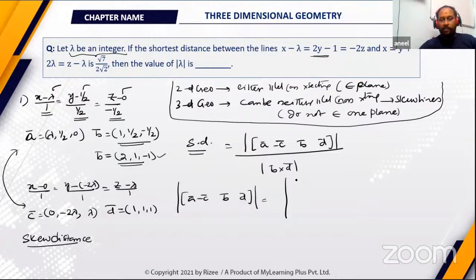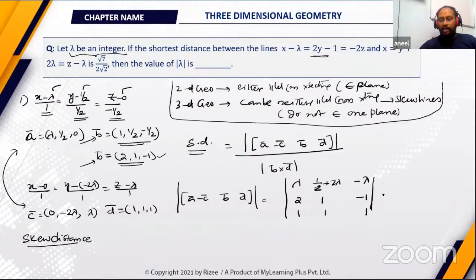A bar minus c bar is lambda minus 0, half minus 2 lambda, half plus 2 lambda, and then 0 minus lambda. Then b bar, you can take this or this according to your convenience. Suppose I take 2, 1 and minus 1 because they are integers, comfortable for me. And d bar is anyway 1, 1 and 1.